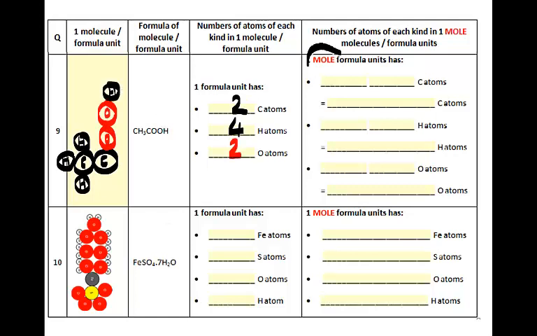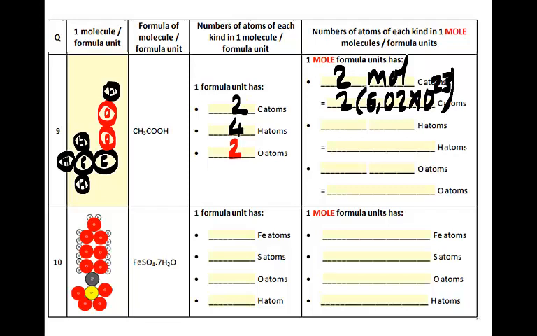Now, in a whole mole of this, we have 2 moles of carbon atoms, which is 2 times 6,02 times 10 to the power 23 carbon atoms. And we have 4 moles of hydrogen atoms, 4 times 6,02 times 10 to the power 23 hydrogen atoms.